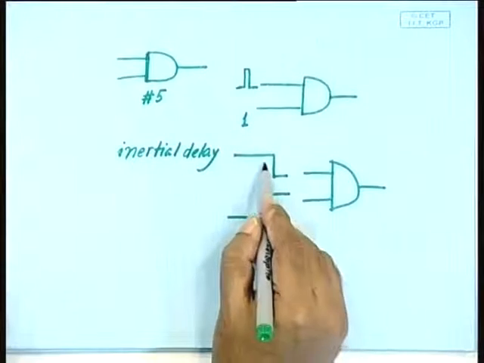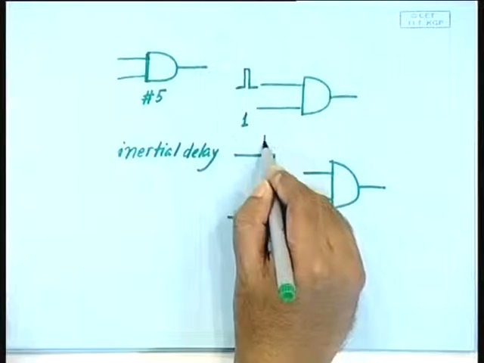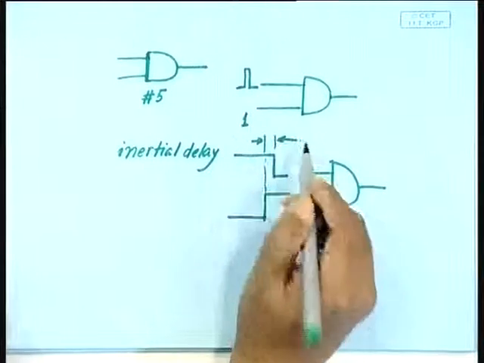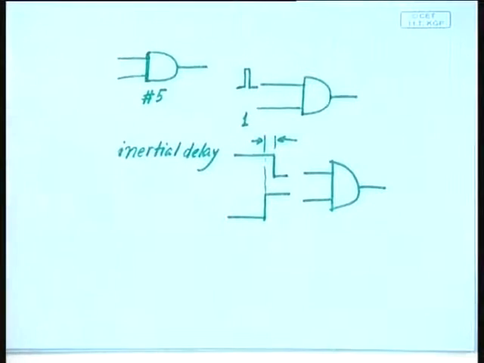Now as you can see here, the period for which both were 1 is very narrow, okay, and therefore we are not able to see that in the output. So in this model, no. Okay.